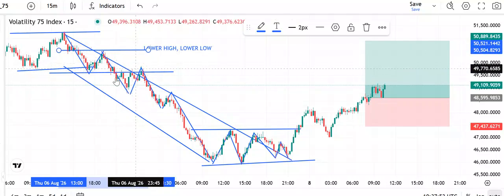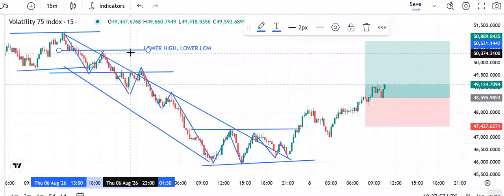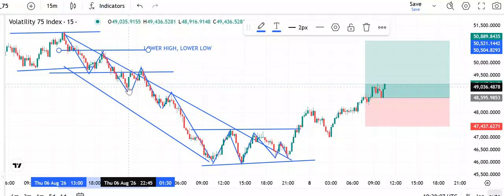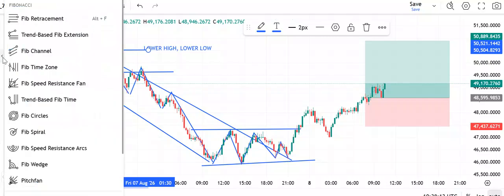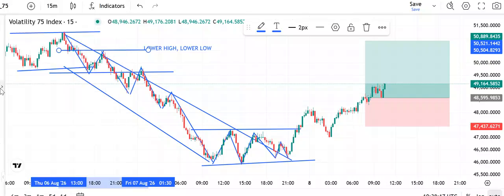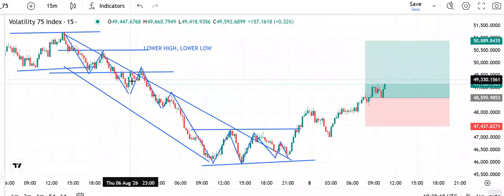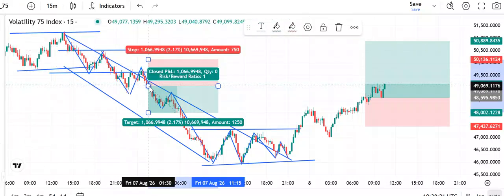If you are going to enter anywhere around here, so let's say the stop loss is 1000 pips or 500 pips, and then you enter your trade here, you sell here. You're going to place a sell trade somewhere here, for instance.